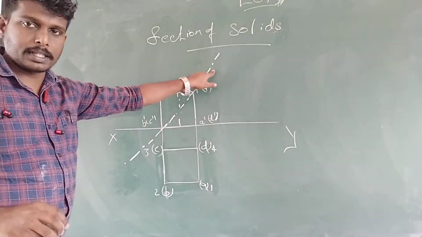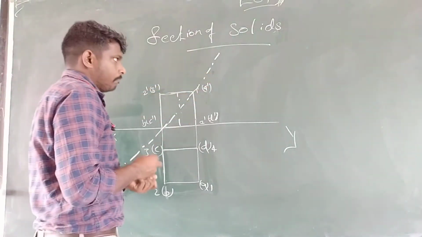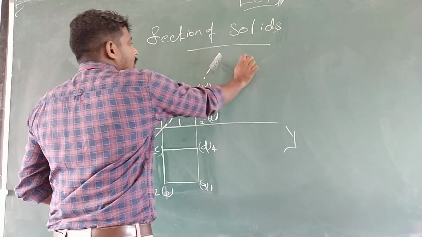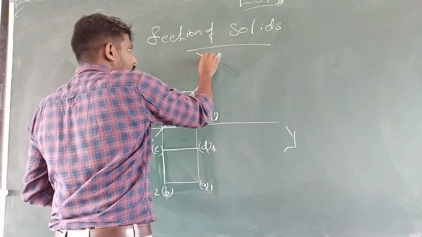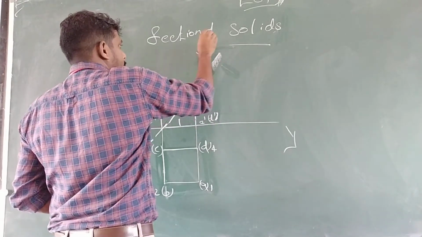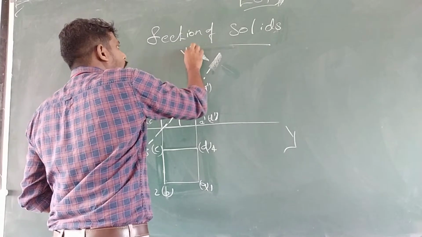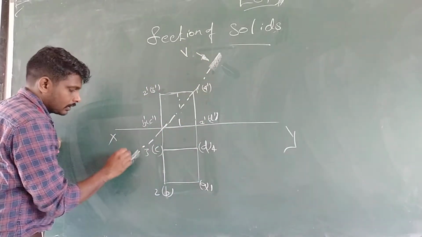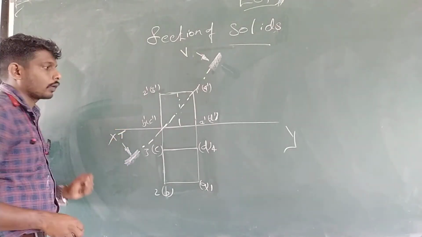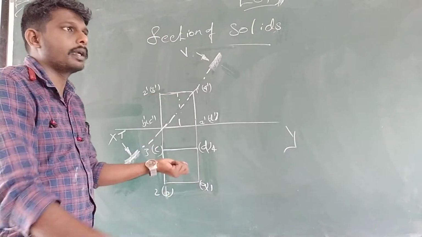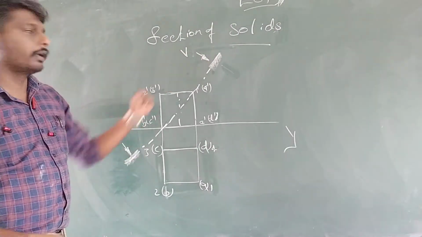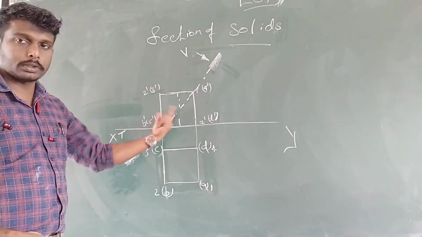To represent the section plane, we should draw it in chain line, and to show the section plane, we should draw the horizontal trace or vertical trace. Here it is the vertical trace of the section plane, so it is like this. Draw an arrow here and write VT or HT. If the section plane is perpendicular to HP and inclined to VP, then draw the section plane here and name it as HT. This is the vertical trace of the section plane.